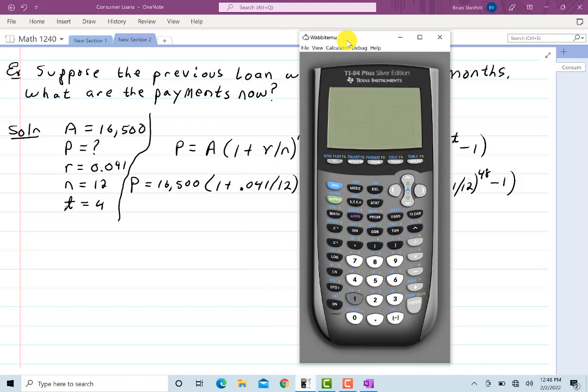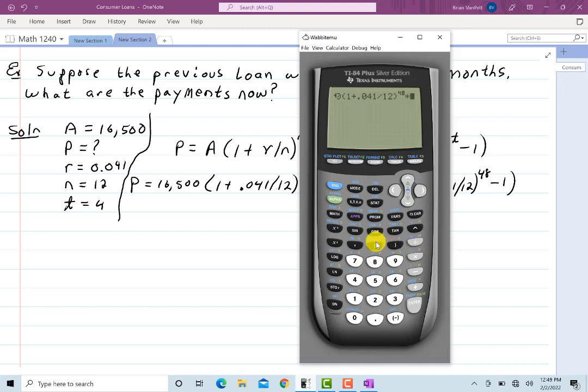Now for these, I usually like to clear out my screen just because there's so much going on. I'm going to have to move the calculator around to get it all in there. So let's start with my 16,500. Now let's start a parenthesis. Here I'm going to have 1 plus 0.041 divided by 12. Finish that parenthesis and take it to the 48th power. Come down from there, put a times.